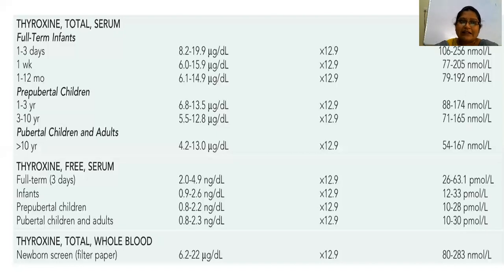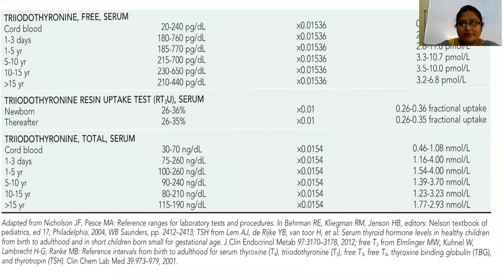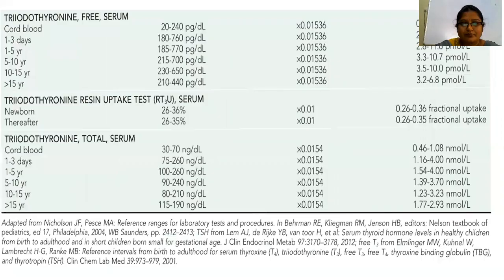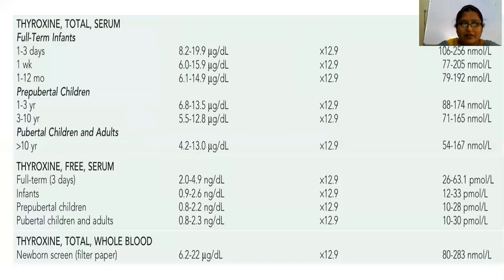As a result, T3 and T4 are higher during the first 48 hours, and then they slowly decrease at 1 week and then at 1 month. And then free T4 is the same as total thyroxine.